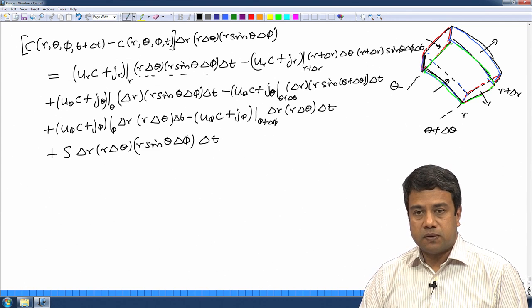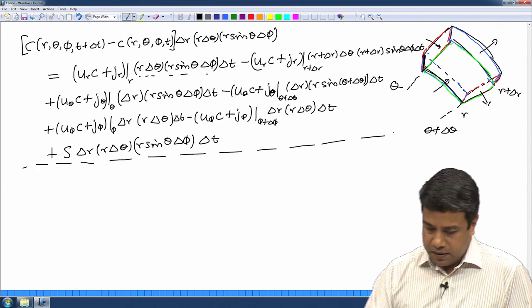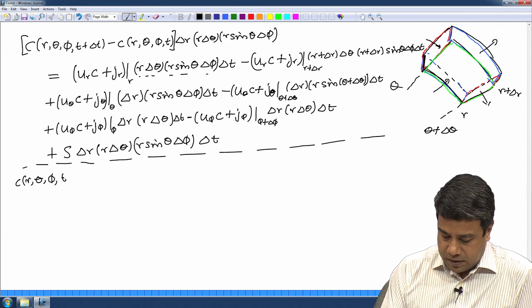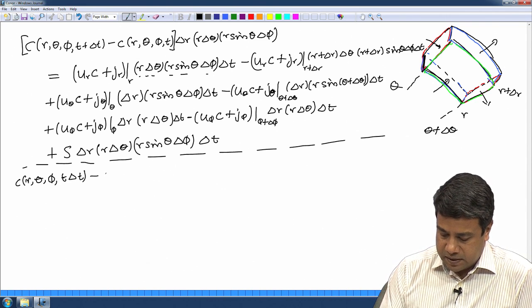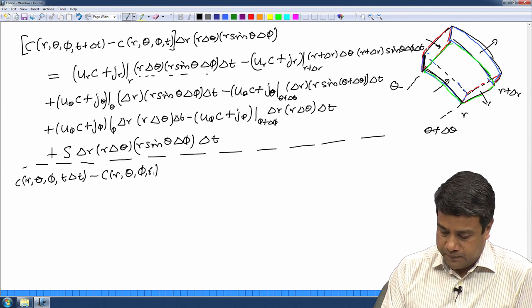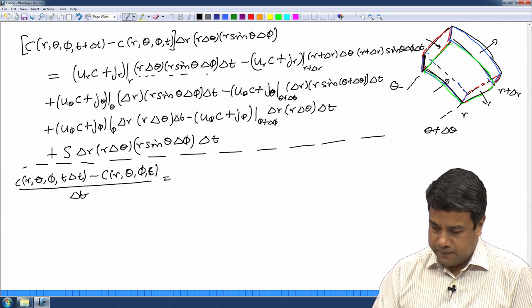Now, I have to divide throughout by volume and by time. On the left side, the term will just be equal to c at r theta phi t plus delta t minus c at r theta phi t, divided by delta t.